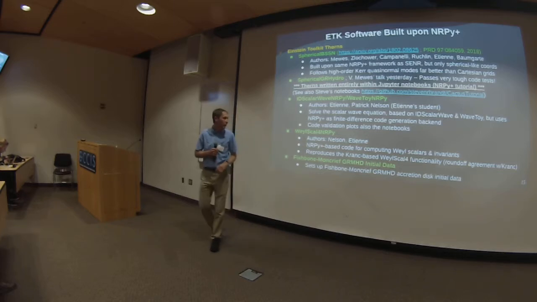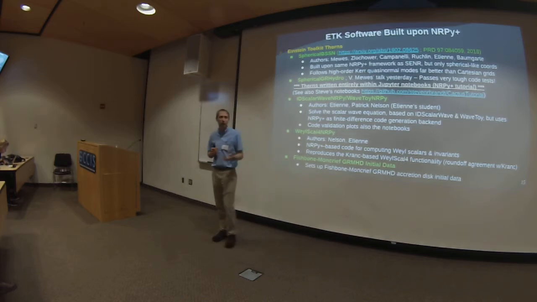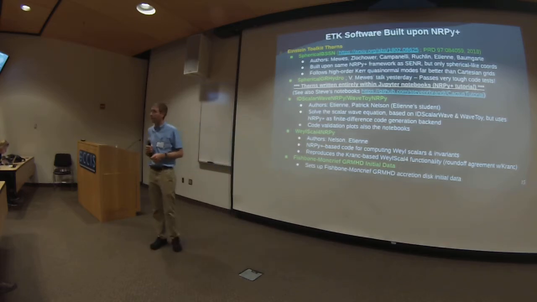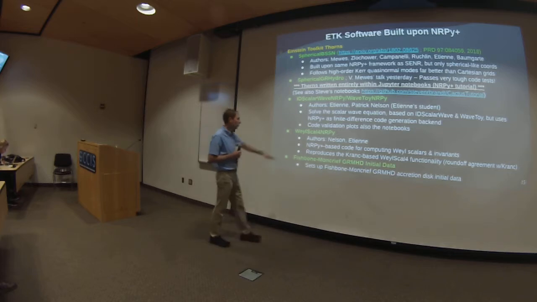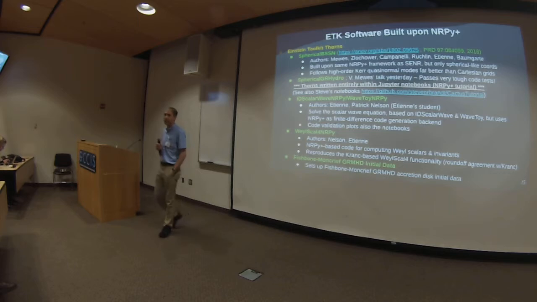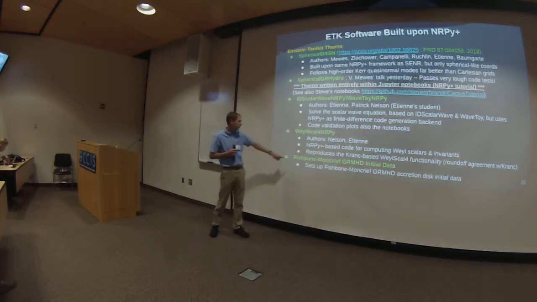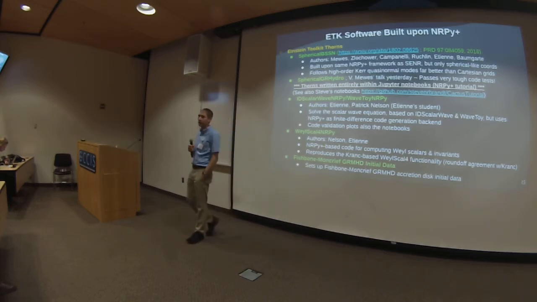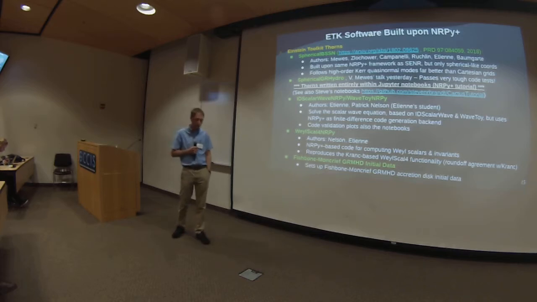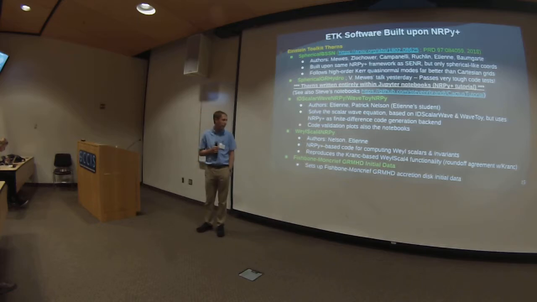We completely rewrote the Weyl scalar Psi4 thorn, which was originally written in Kranc, and it reproduces the Kranc-based Psi4 functionality, and to roundoff level again, we've demonstrated. But this is only good for Cartesian grids. We have a new Psi4 that does arbitrary coordinate systems. And then we have Fishbone-Moncrief GRMHD initial data. This was what we used for the Event Horizon Telescope GRMHD code comparison project recently.